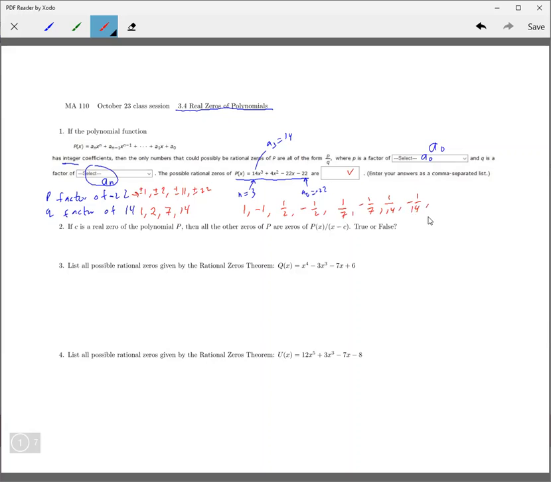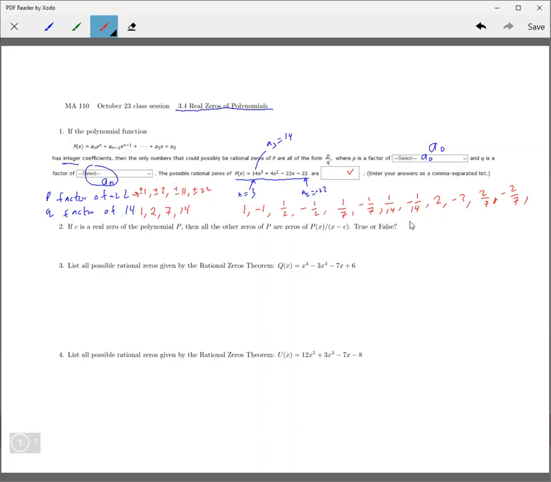Then the factors of 2, plus or minus 2, divided by everything here. 2, negative 2. 2 over 2 is going to be a duplicate because we already have 1 and negative 1. And then 2 over 7 and negative 2 over 7 is another one. 2 over 14 is 1 over 7, which is already there.